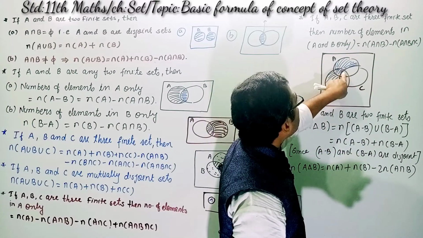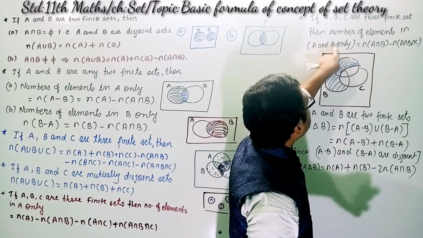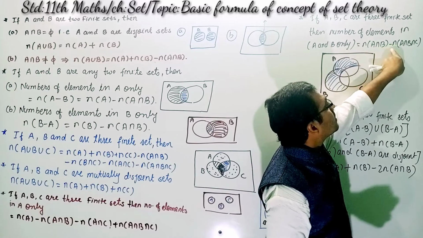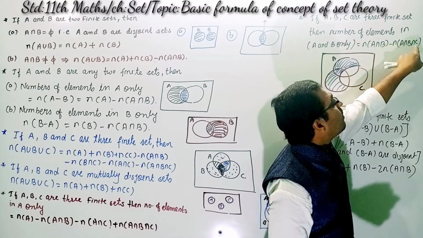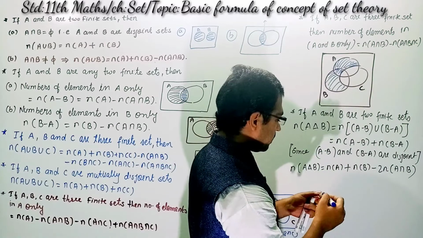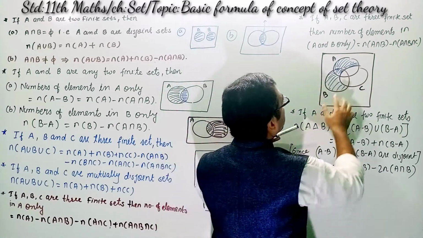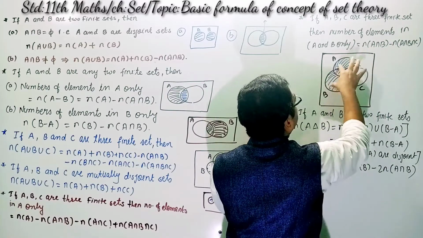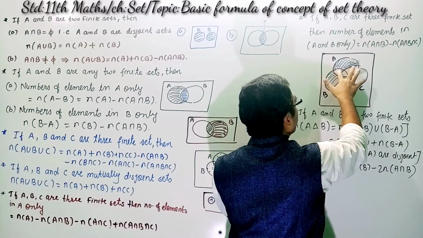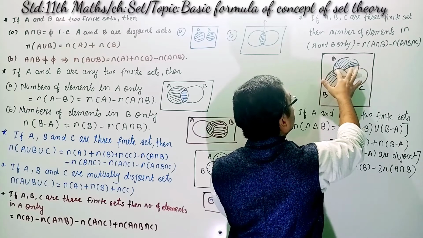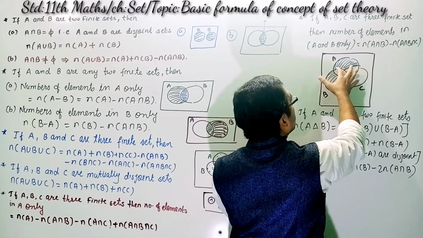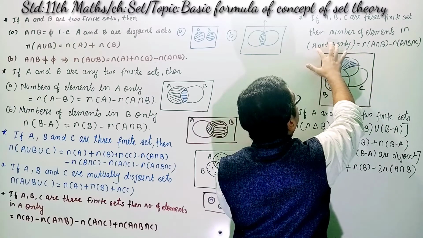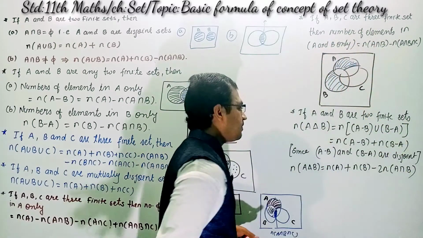You will have to remove n of A intersection B minus the number of elements of A, B and C. Okay students, so from here you will remove A and B from this point, understood? From here you will have to remove A, B and C. Okay students, so you can get the elements of A and B only.